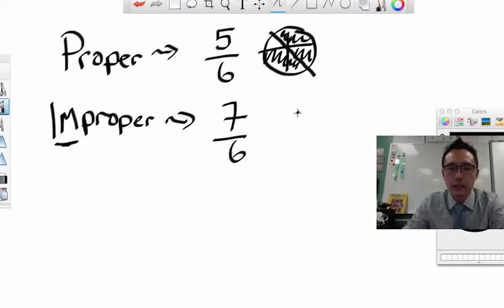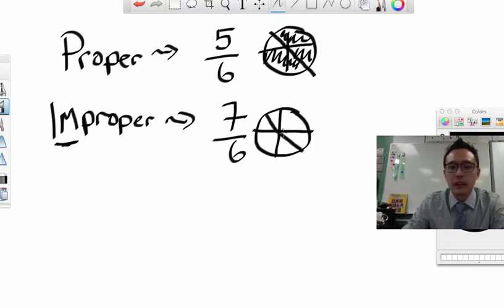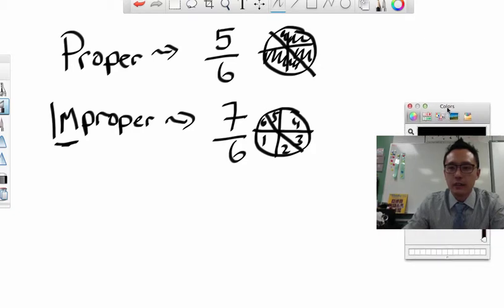Your bottom number, the denominator, is always the number of pieces you have in one whole piece. So in this pizza, I have 1, 2, 3, 4, 5, and 6.